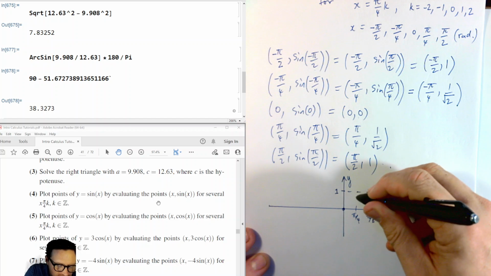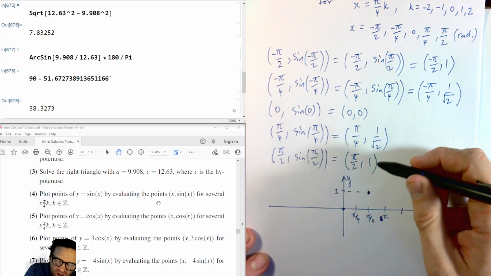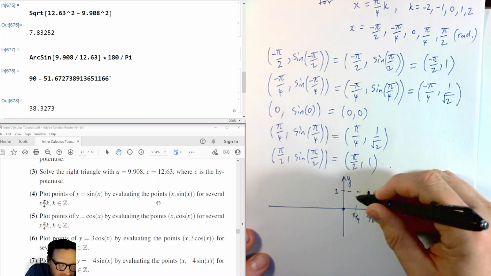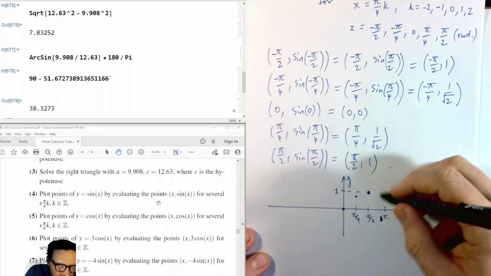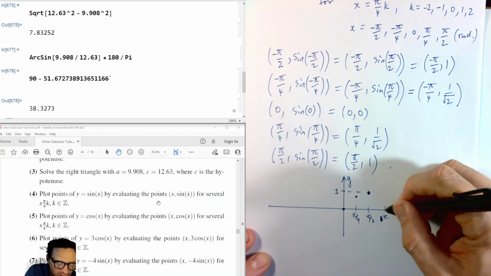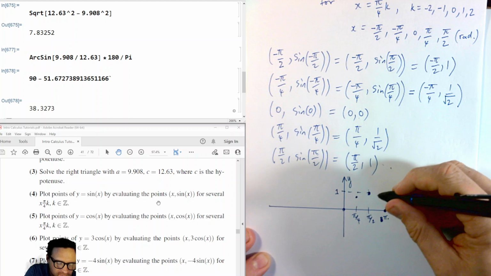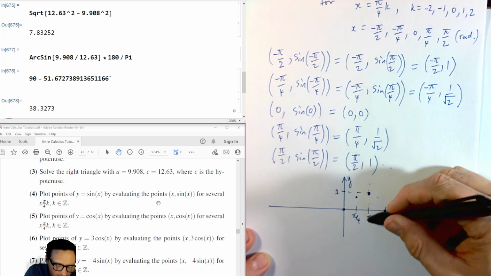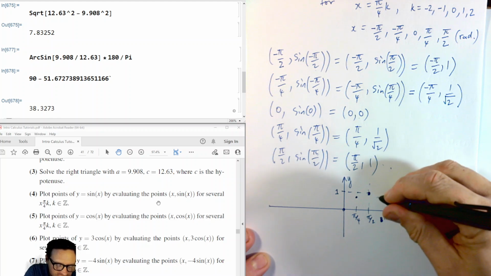Okay, so then 1 on root 2 is about 0.7, so it's up a bit right about here. Okay, and then what happens is sine comes back down to 0 at pi, so we've got another point here, but there's a little bit of a symmetry about x equals pi on 2, so I'll put another point here of equal height.